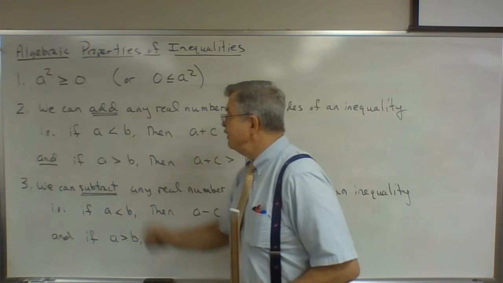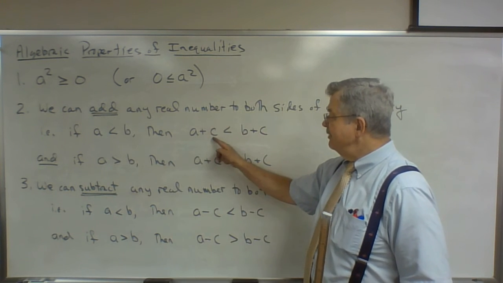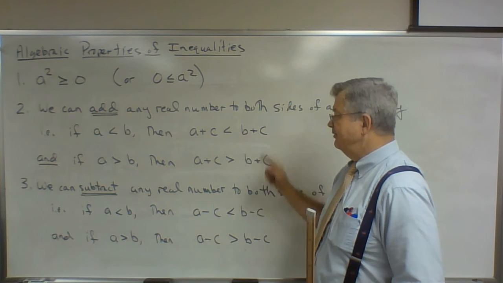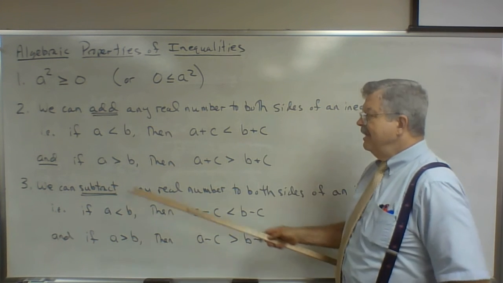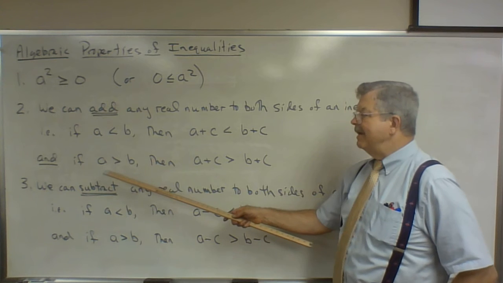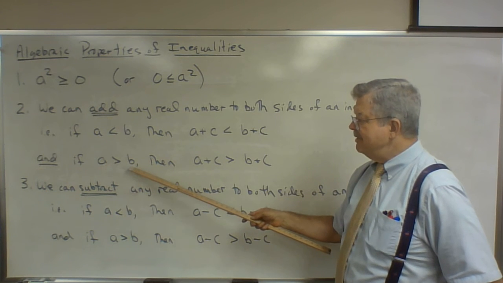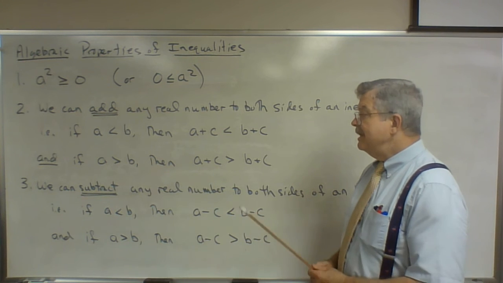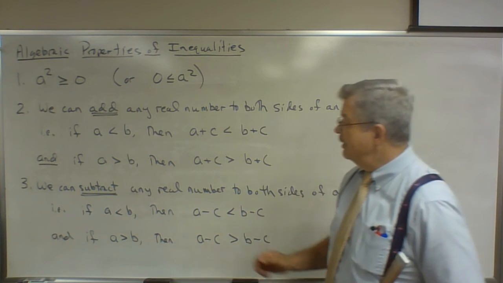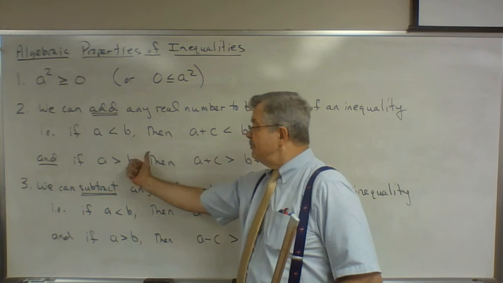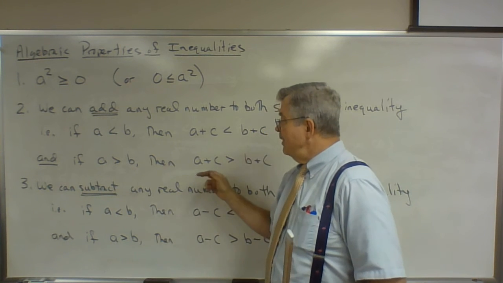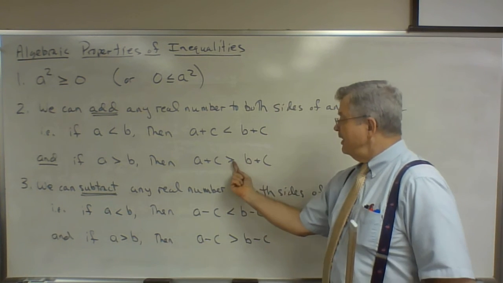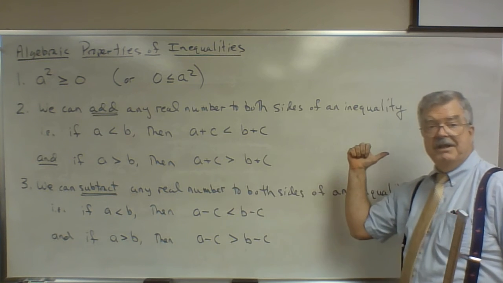If a is less than b, then a plus c is less than b plus c. And if we turn the inequality around and have a is greater than b, and we add c to both sides, the inequality still holds. In other words, if the inequality is pointing this way, and we add c to both sides, the inequality is still pointing this way.